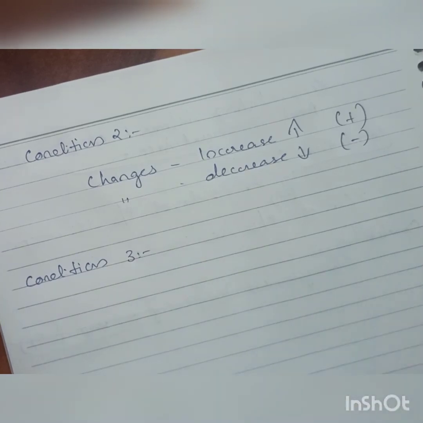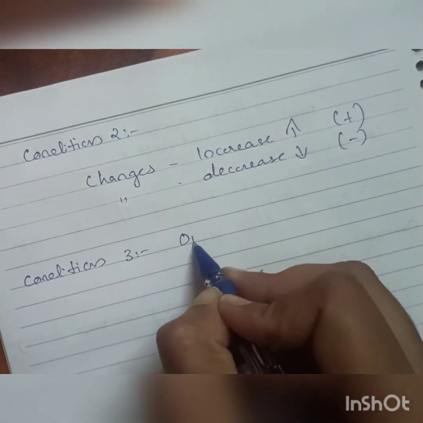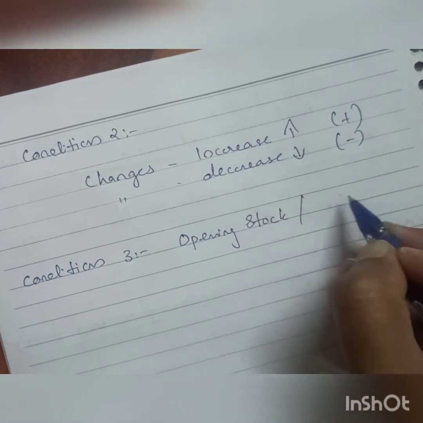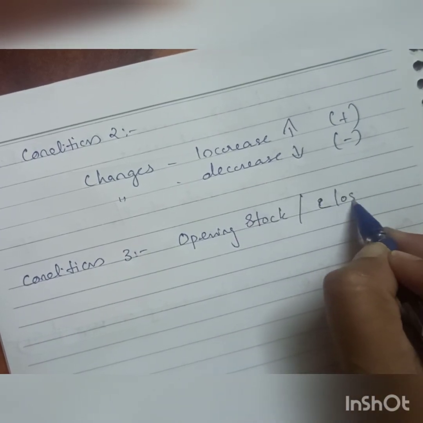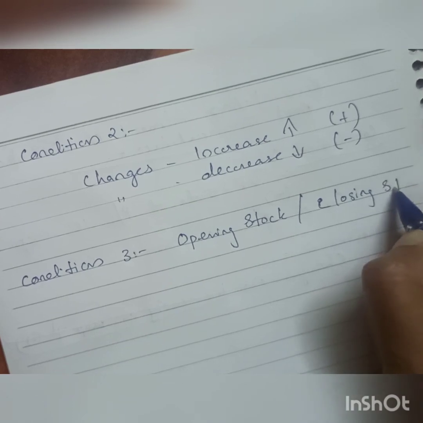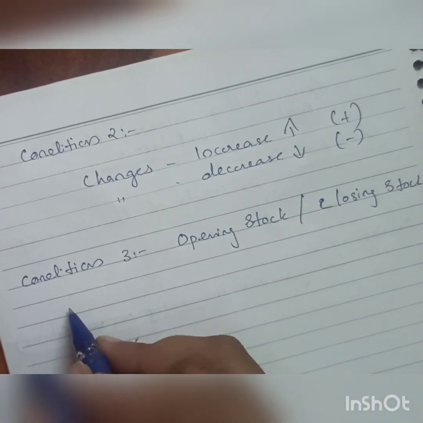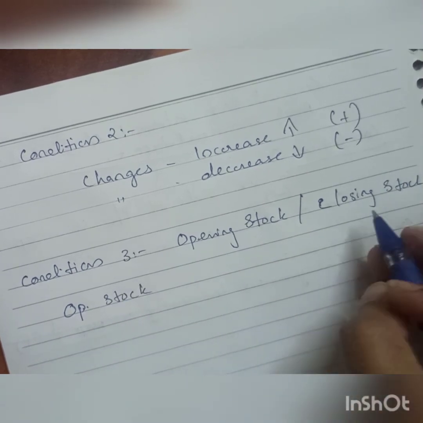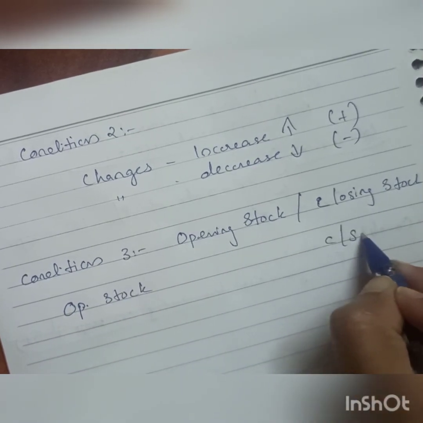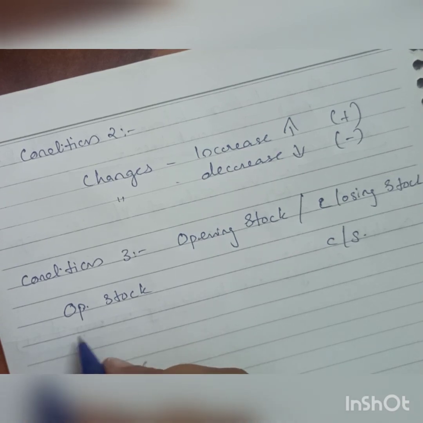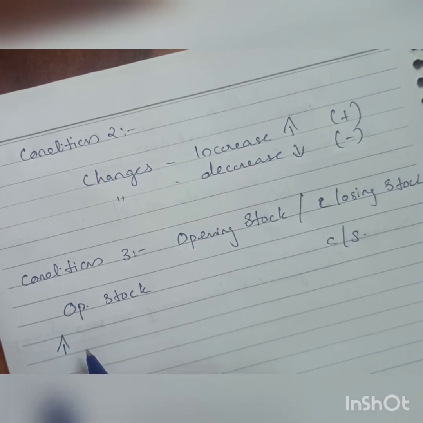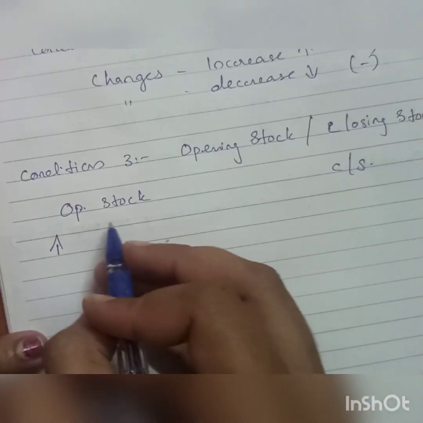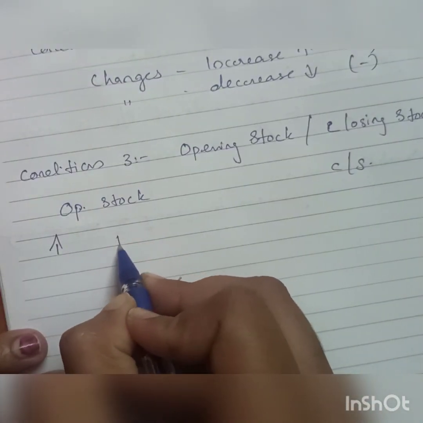The next, the third condition, is regarding the opening stock and closing stock. We know the treatment of opening stock is just the opposite of the treatment of closing stock. Whatever increase we have to add, that is applicable only for opening stock here. So if the opening stock is increased, we have to add.